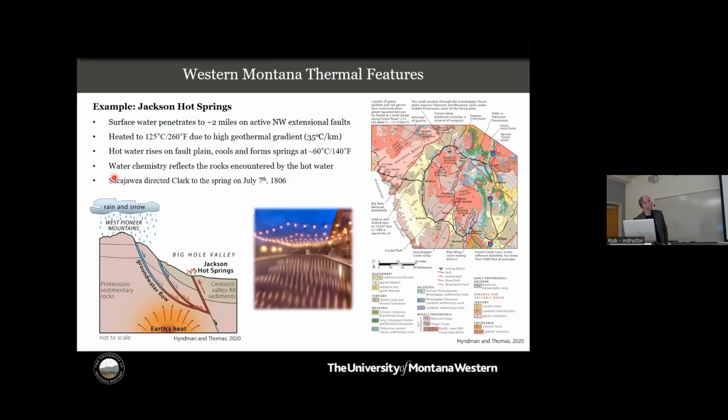But the chemistry of these thermal features very much reflects the rocks that the hot water migrates through. And then, of course, Sacagawea directed William Clark on the return trip to Jackson Hot Springs in 1806. They landed there on July 7th of 1806, and they had broken or lost their thermometer by that time, so they boiled meat to get a handle on what they thought the temperature was.